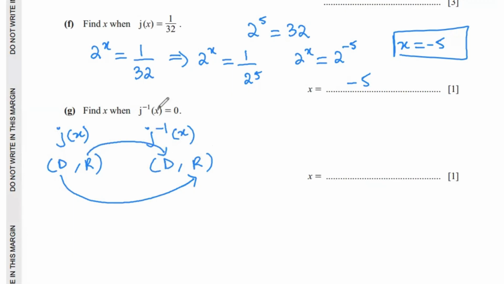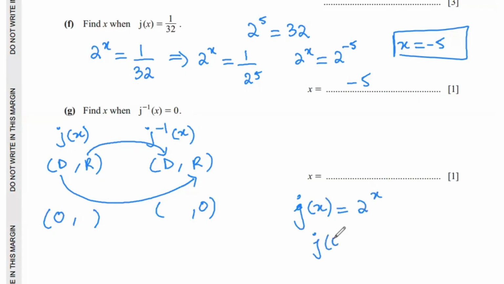So over here, it's saying find x when j inverse of x equals 0, which means they're saying that this is 0, you have to find the x value. So if the range is 0 over here, for the original function, it's going to be the domain. So we can use the original function, g of x equals 2 to the power of x, substitute x equals 0, and that gives us 1.